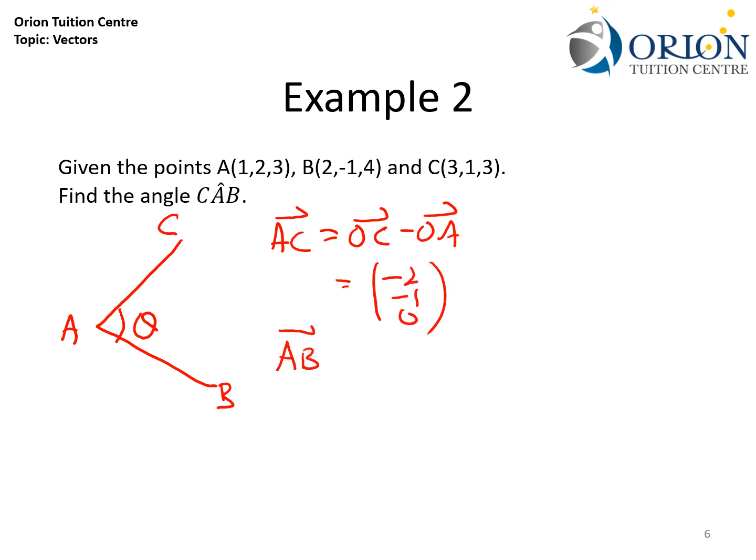And AB will be equal to OB minus OA, which I can calculate to be (1, -3, 1).